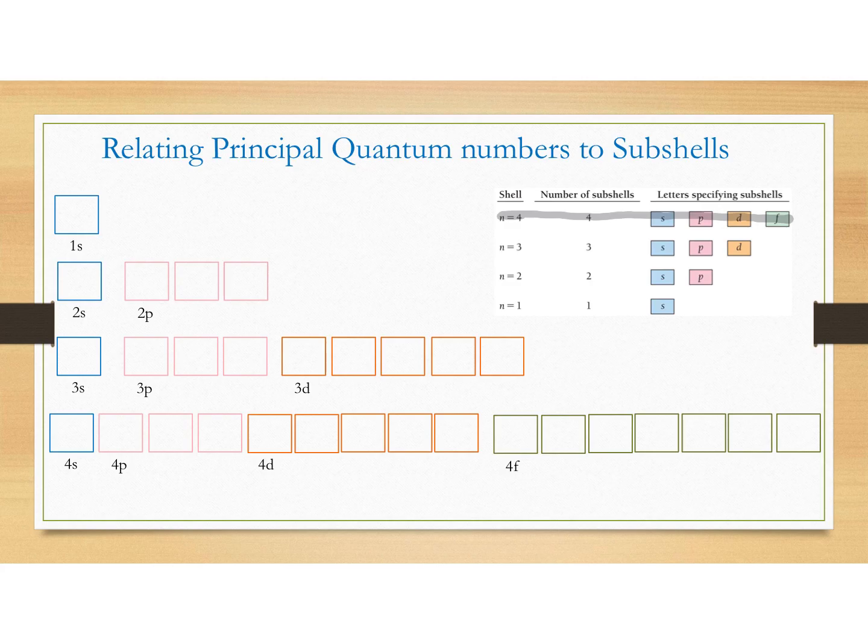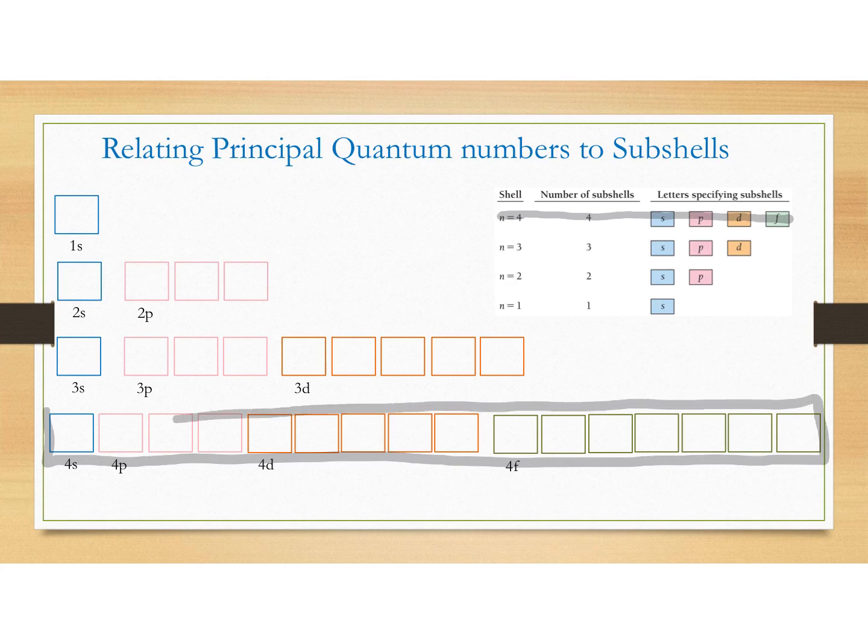So when I draw an orbital diagram for the 4th energy level, I am going to need an s, a p, a d, and an f. Now, you're asking, what are all these boxes? Each box represents an orbital, or a pair of electrons.